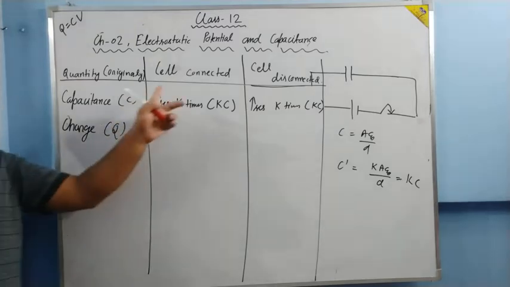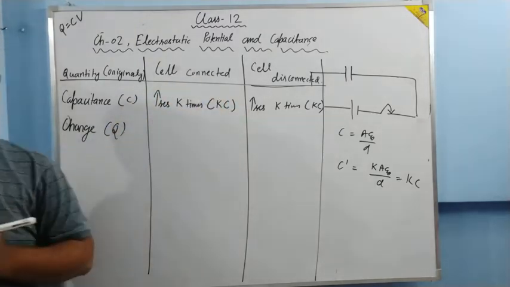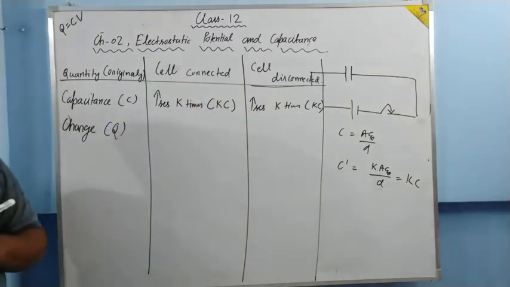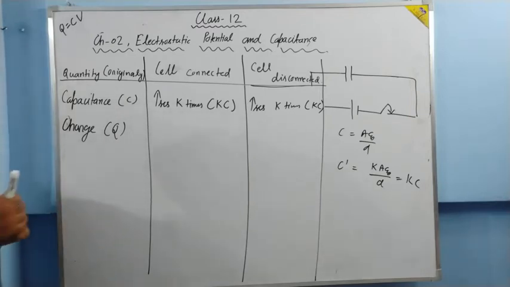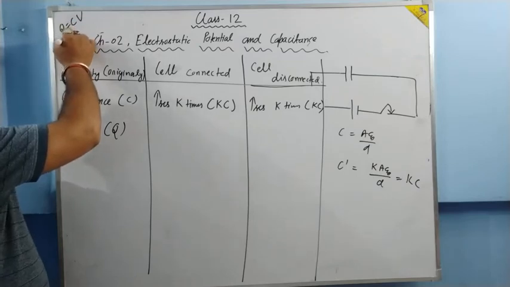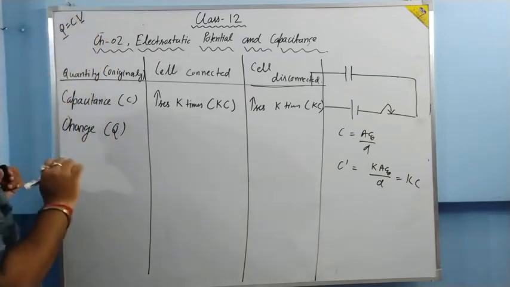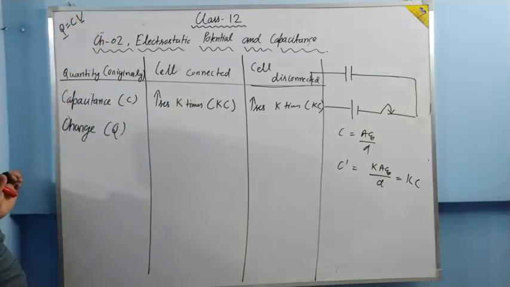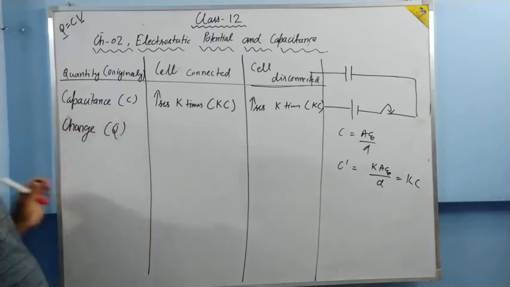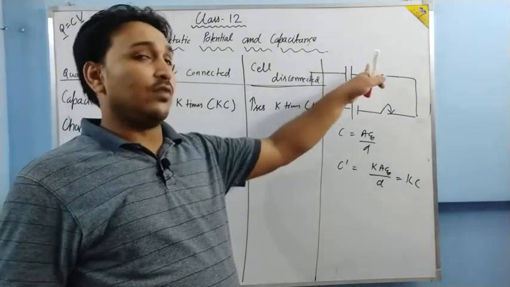If the cell remains connected, then it has a source of charge. V remains constant because the cell is always connected, so whatever the change in the capacitance, the cell will supply the charge.